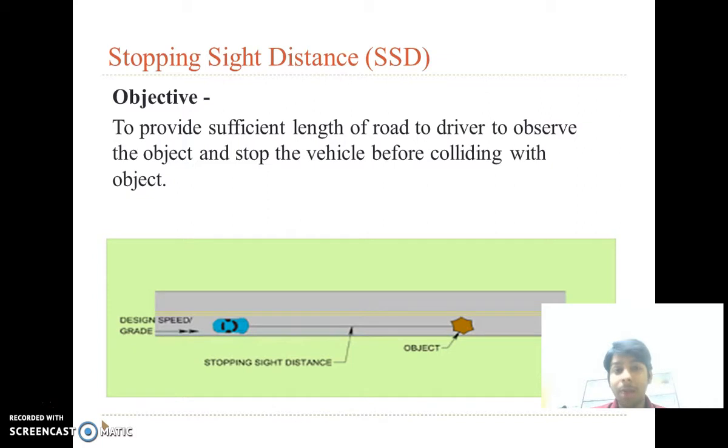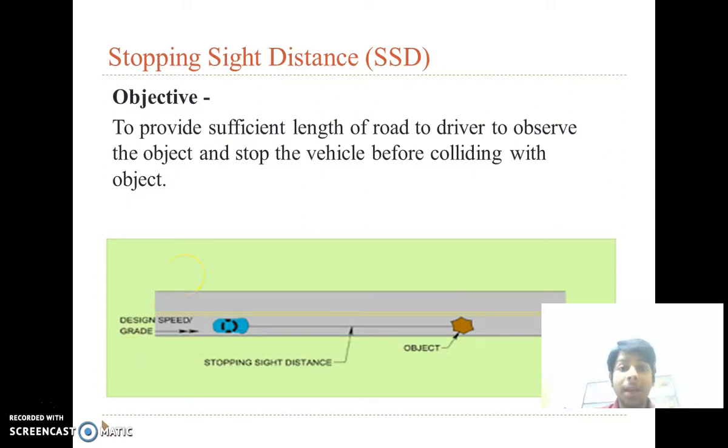Is it required to apply the brake or not? This is the time in which the driver is thinking about the object, and this thinking is based on his past experiences. Now when the driver assumes yes, he needs to apply the brake, otherwise he is going to collide with the object.